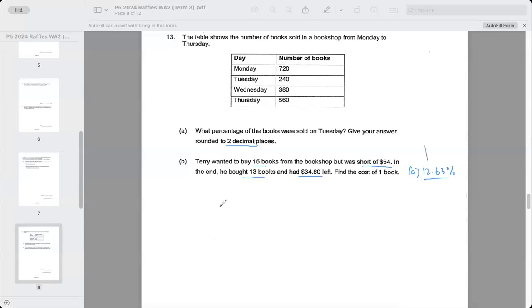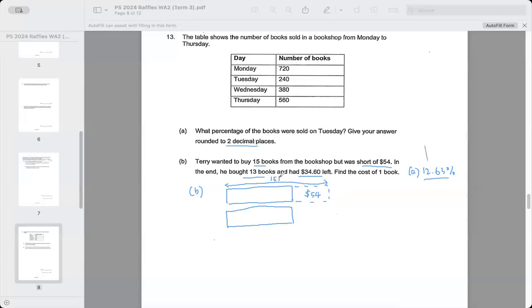We will draw a model. For both scenarios, Terry's money must be the same. So I will draw two bars of the same length to represent Terry's money. The first scenario tells us that he wanted the 15 books but was short of $54, meaning he does not have enough for 15 books. Hence, I have to top up another $54 in order to afford the 15 books.